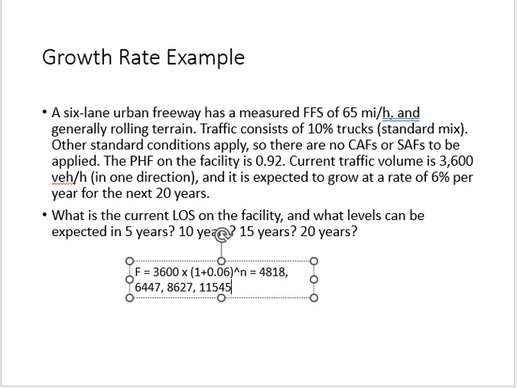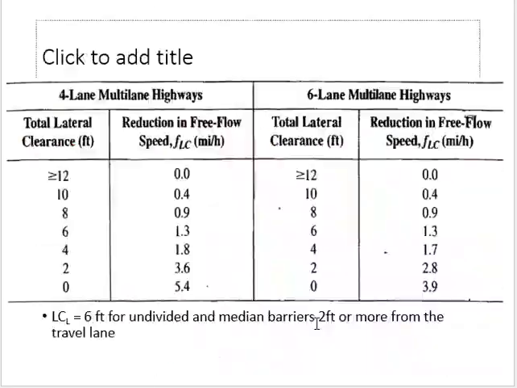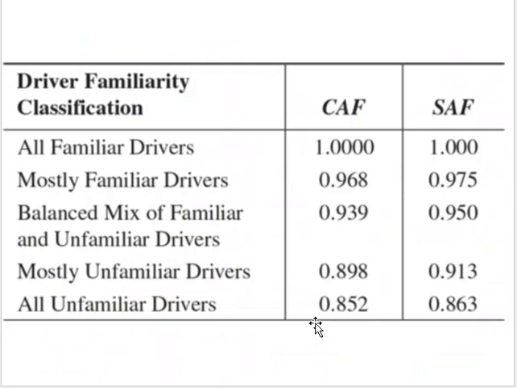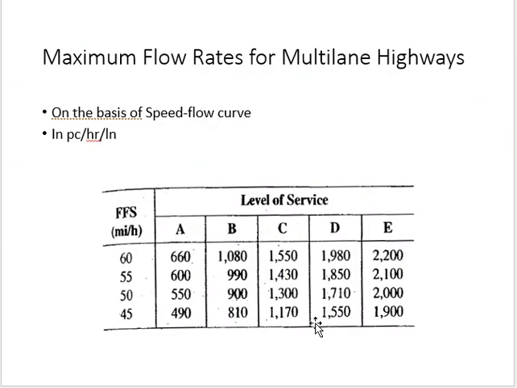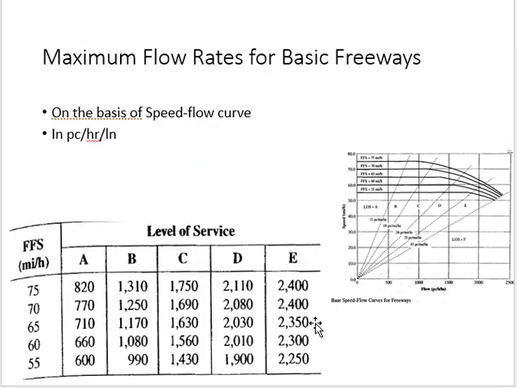Now there is a shortcut to this problem. In this shortcut, you can use the maximum service flow rates. I can apply it because the free flow speed is 65. For a speed of 65, I don't have to draw the curve. The maximum service flow rates are already given here.